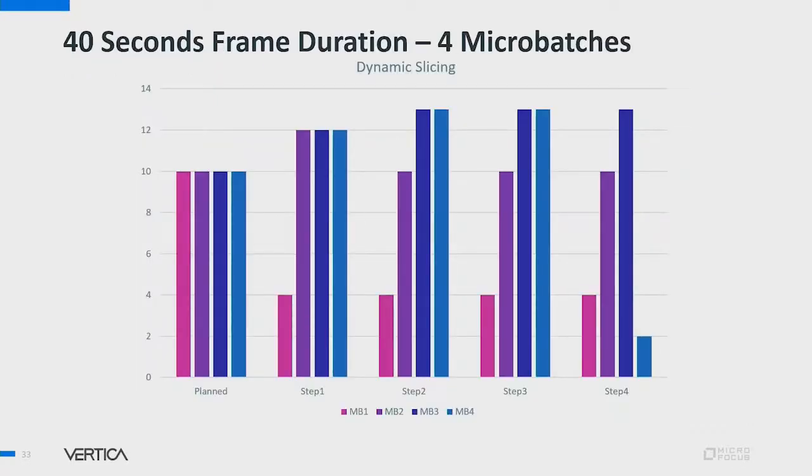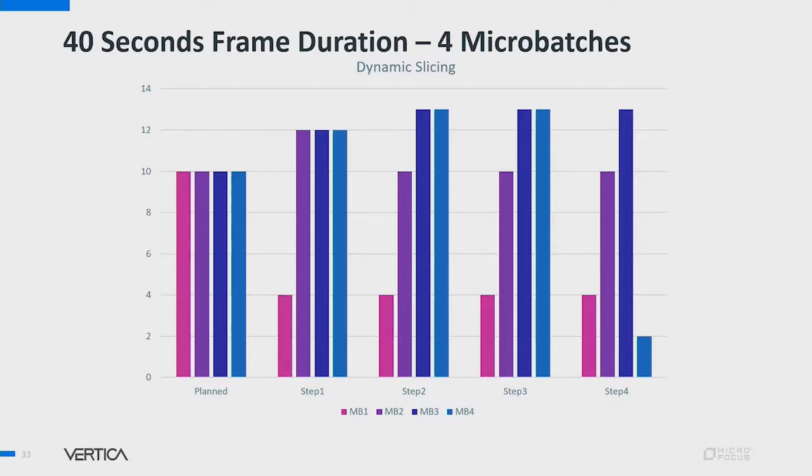This is a similar thing, but with a very specific example. Let's say we have a 40-second frame duration, and we have 4 microbatches. Each microbatch will be assigned 10 seconds initially. Then in step 1, microbatch 1 finishes in 4 seconds. The remaining 6 seconds from microbatch 1 are then equally distributed to microbatches 2, 3, and 4.